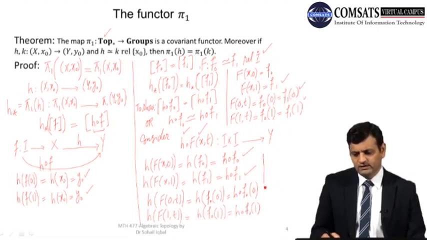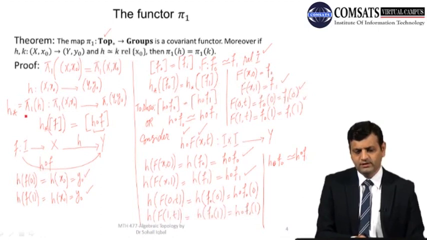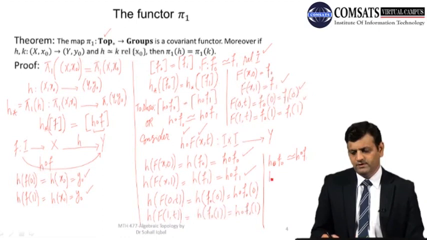So we can say that H composition f naught is homotopic to H composition f1. So we can say that this map, which is pi 1 of H, which is also equal to H lower star, is well defined.